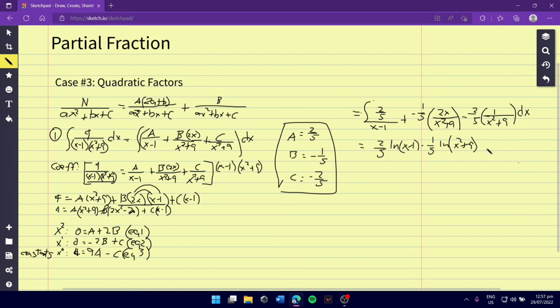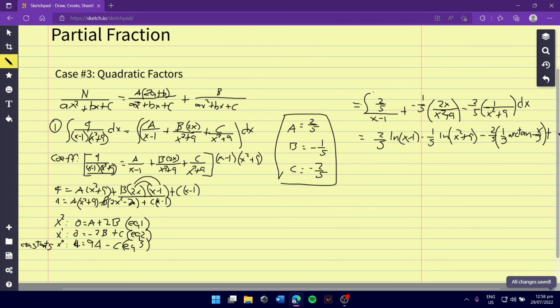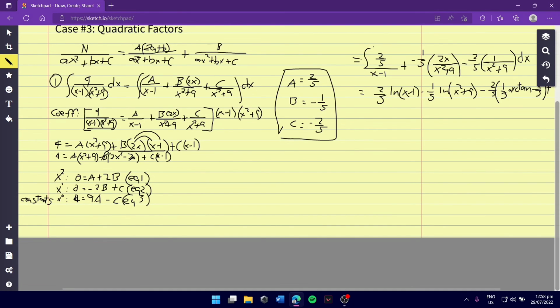And then in your C, we have minus 2/5 times 1/3 arctangent of x over 3. Then your arbitrary constant, which is C. So this becomes plus C.